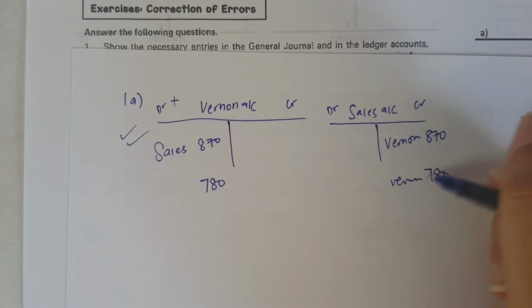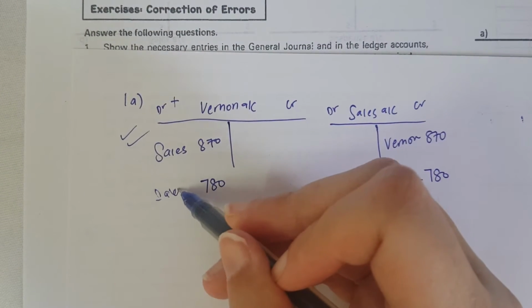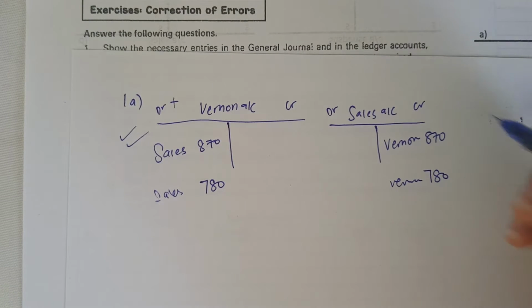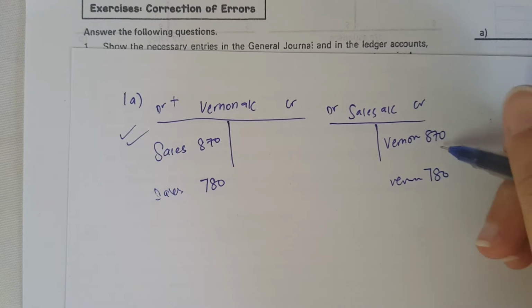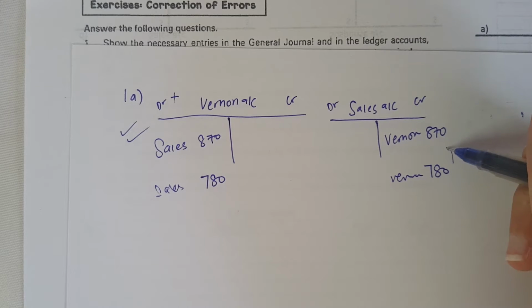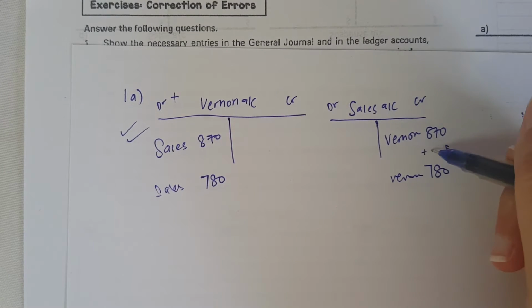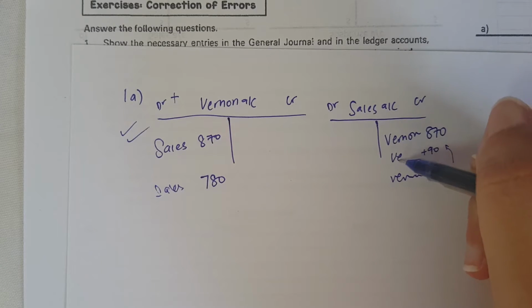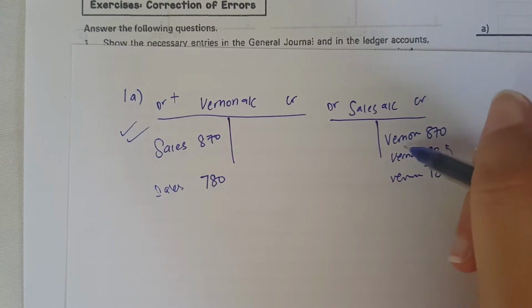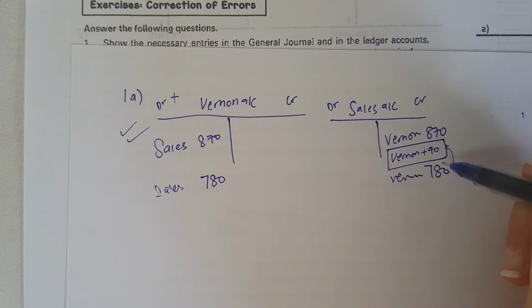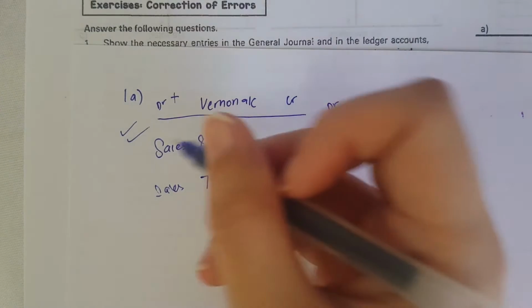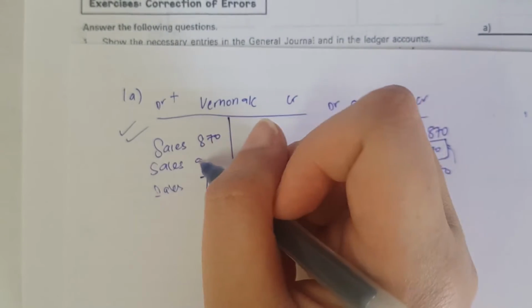So how do we correct this error to make it 870? We need to add another how much? Yes, correct. We need to add another 90, okay? To make it 870. So this is how to correct the errors, okay? So sales you give out to Vernon, you will have from sales another $90, okay?